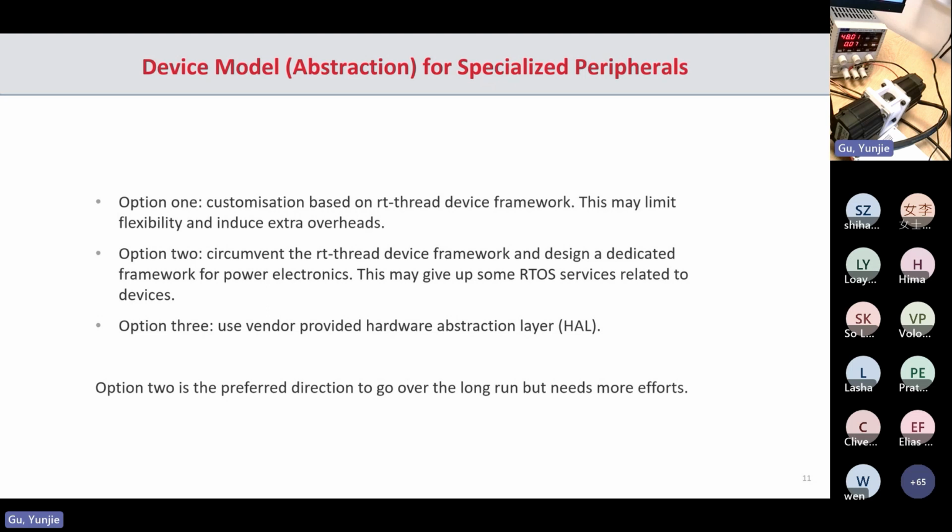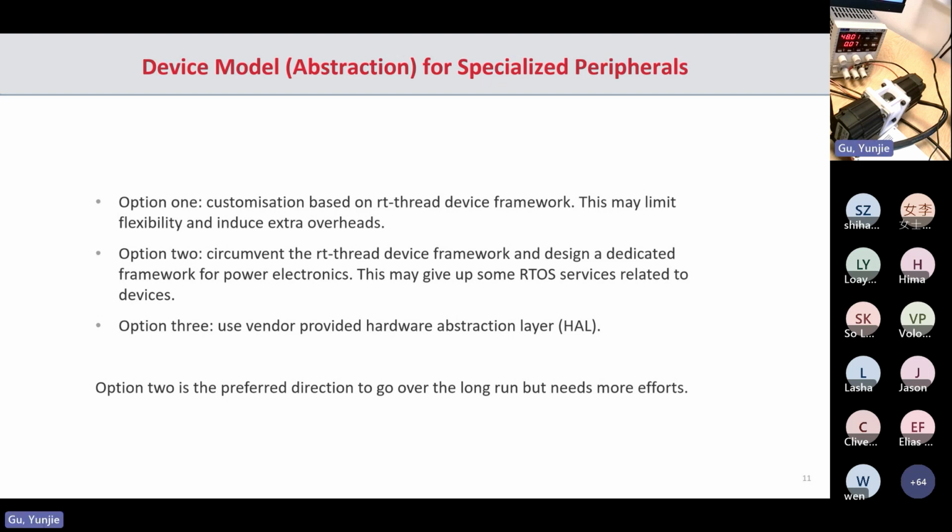Say we want the PWM to be interlinked to the ADC. This does not exist in the current RTT device model. So if we want to use the RTT intrinsic native model, it has to limit some flexibility in the devices.